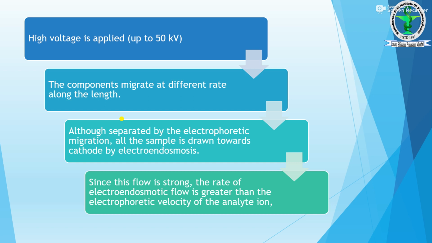All the sample is drawn towards the cathode by electroendosmosis. Since this flow is strong, the rate of electroosmotic flow is greater than the electrophoretic velocity of the analyte ions.